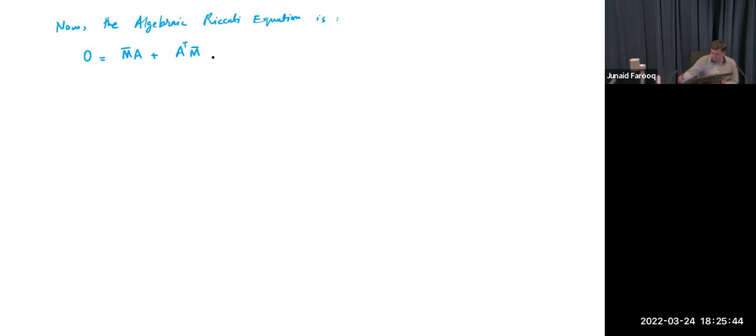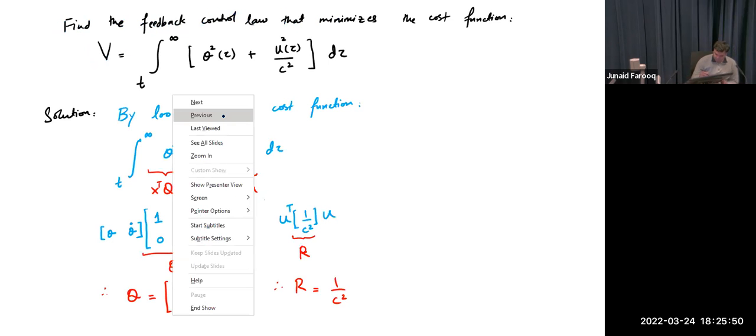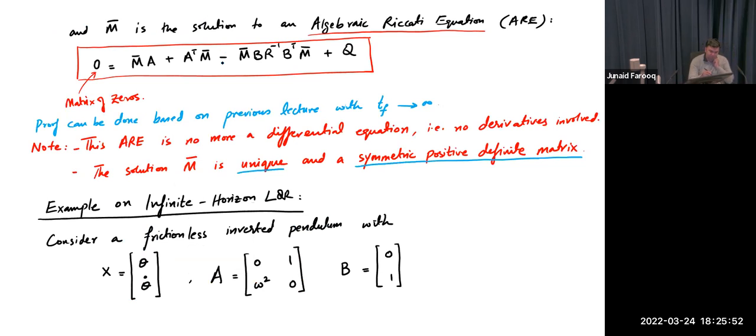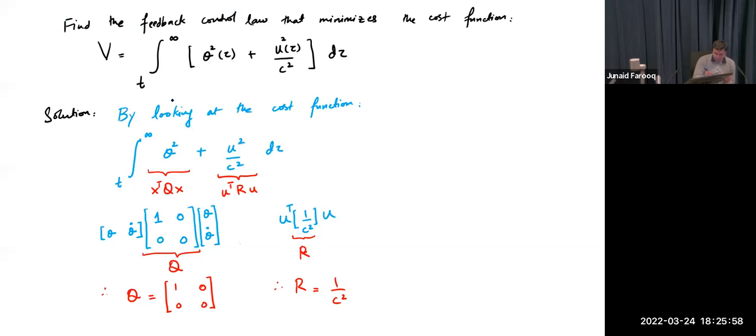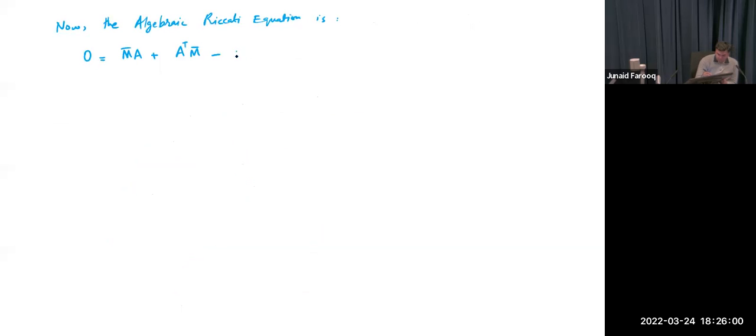Let me just verify whether I wrote a minus earlier or a plus. Yeah, there's a minus here, right? So minus M bar B R inverse B transpose M bar plus Q, and Q we have already identified. M bar is unknown, A is known, B is known, and R is known.